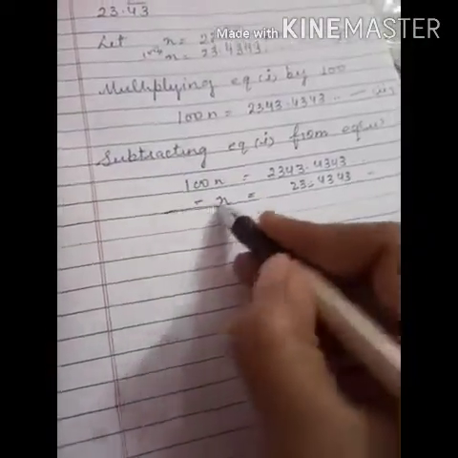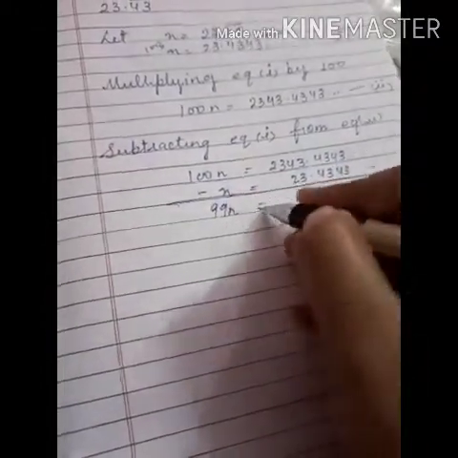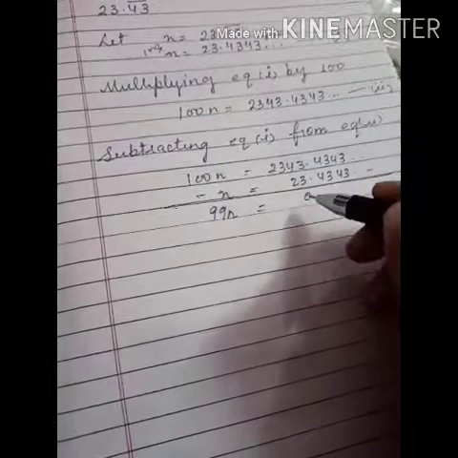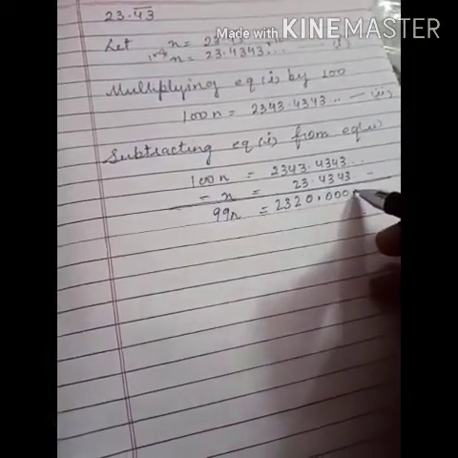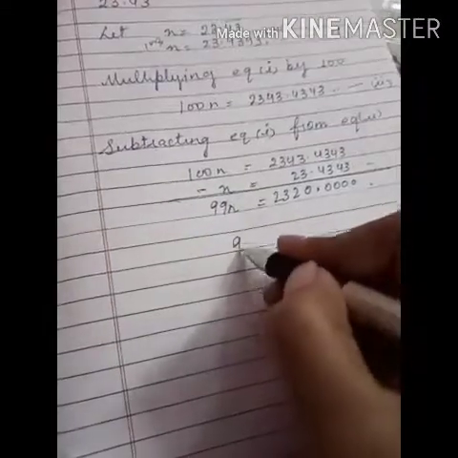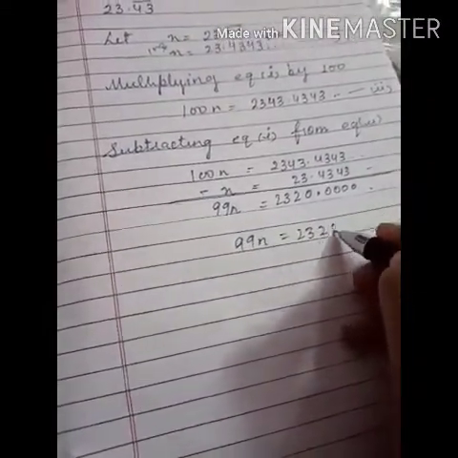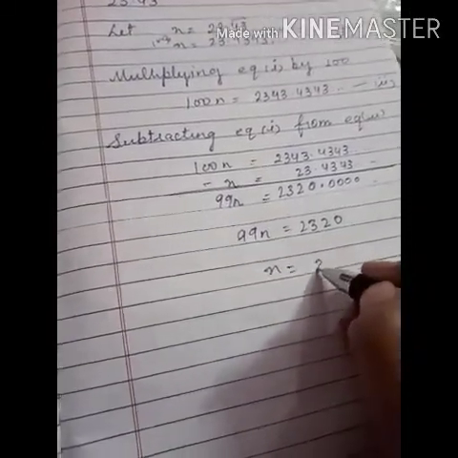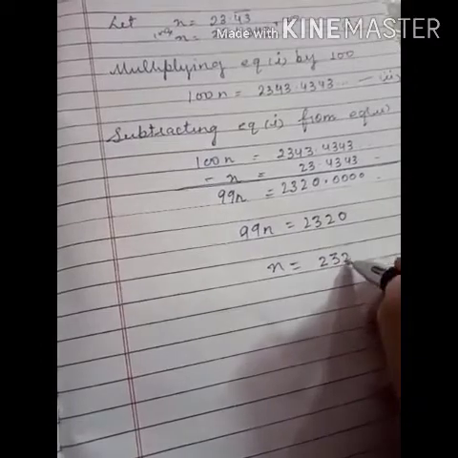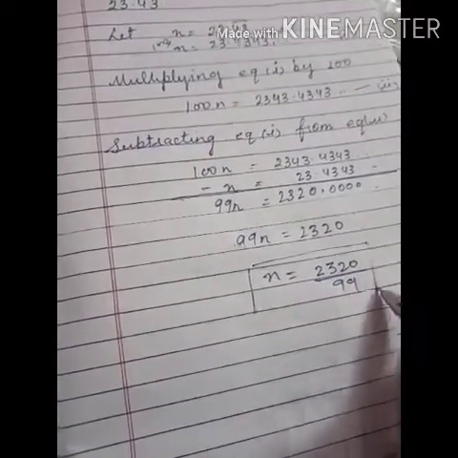Now subtracting, what we get here: 99n, and here we get 2320. So 99n equals 2320. So n equals 2320 divided by 99. Understood?